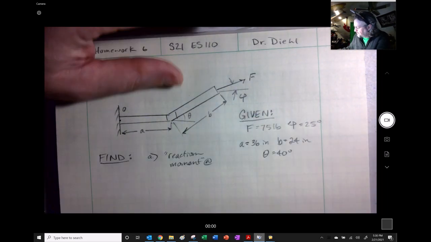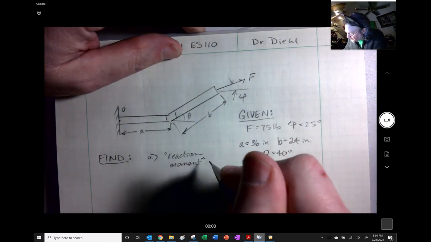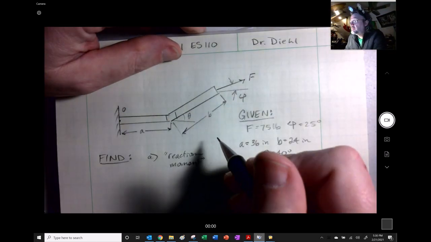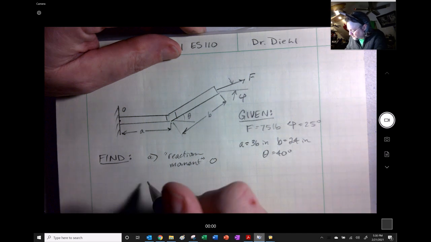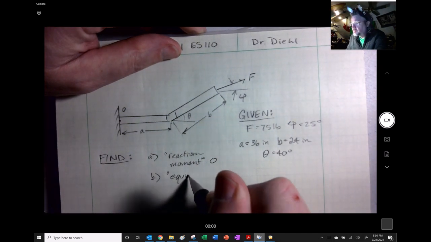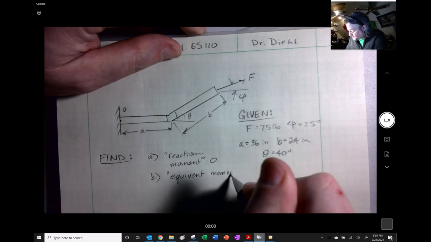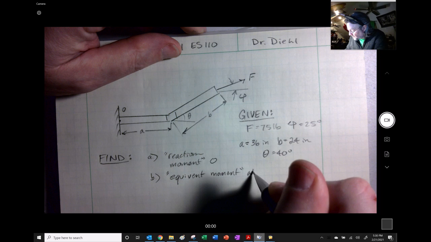Or at. People don't use that for at hardly anymore, do they? Well, I guess they do. At equivalent moment at O.